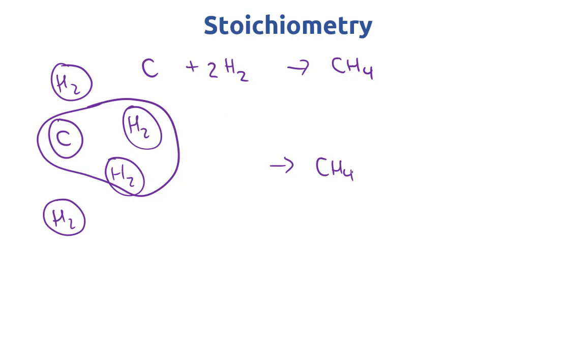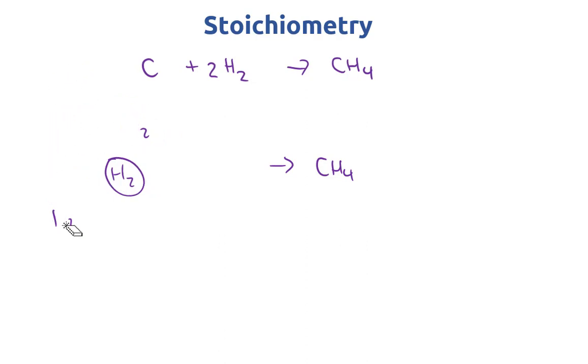The concept of the limiting reagent will be very important for you when you start doing calculations to determine how much of your reactants you need to make a certain amount of product, and which one is in excess and which one is limiting. And this could work the other way around. Carbon doesn't have to be the limiting reagent. It just is in this case. So let's see what it looks like for hydrogen to be the limiting reagent instead.